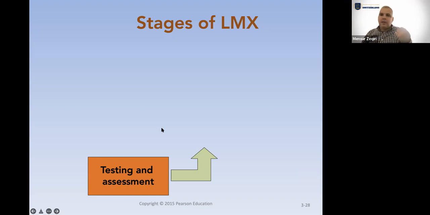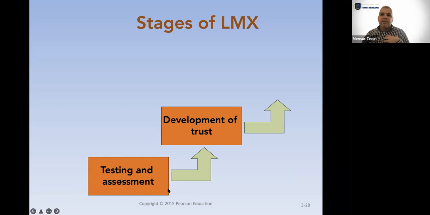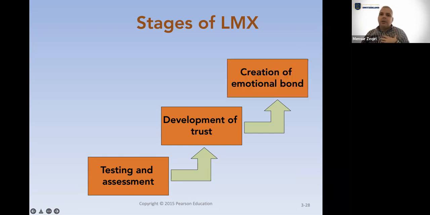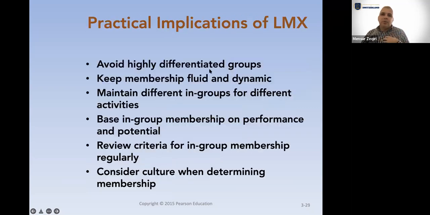They do the testing and assessment through various commands that they give you, asking for a favor, and that's where you develop your trust with your supervisor. That's where they see that you can make it in the in-group, and that's when you create that emotional bond with your leader, and then you become part of that group. So these are some of the practical implications of the LMX.